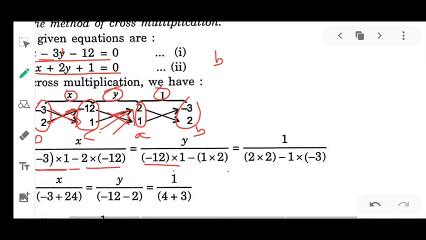Remember students, from the left side top to bottom, then put a negative sign, then bottom to top. Okay, so that equals 1 by 2 into 2 minus 1 into minus 3.